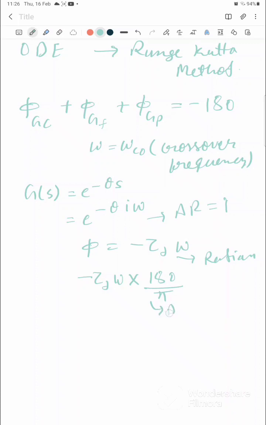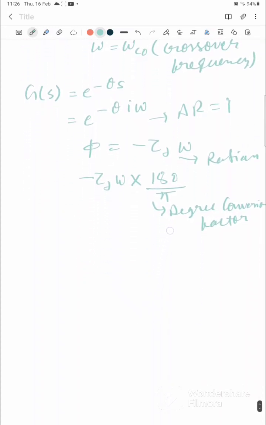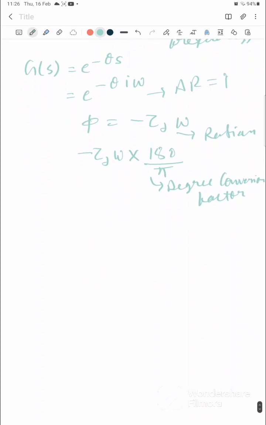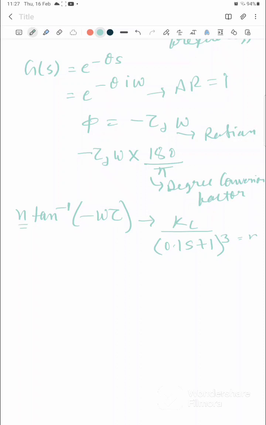This is a degree conversion factor. And tan inverse minus omega tau, Kc upon (0.1 s plus 1) cubed, n is equal to 3 if possible. N is 3, then 0.1 s.